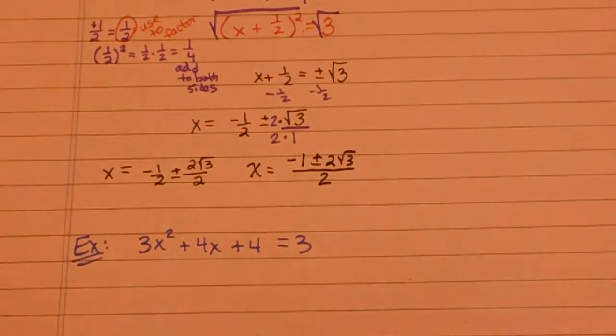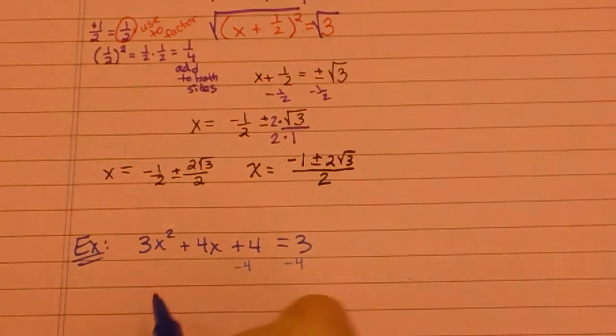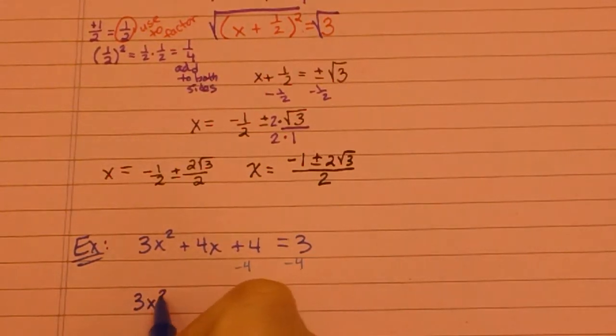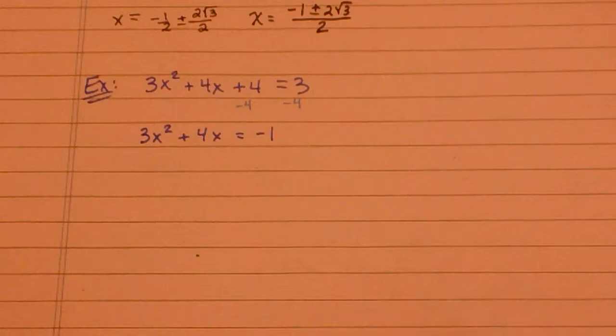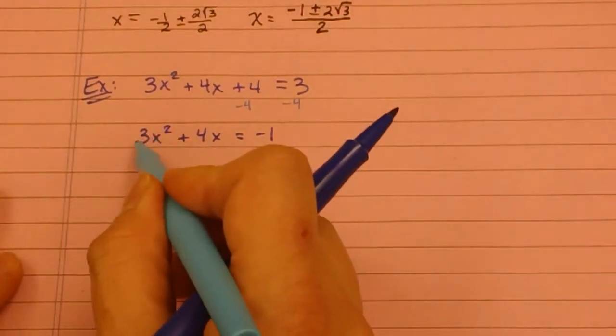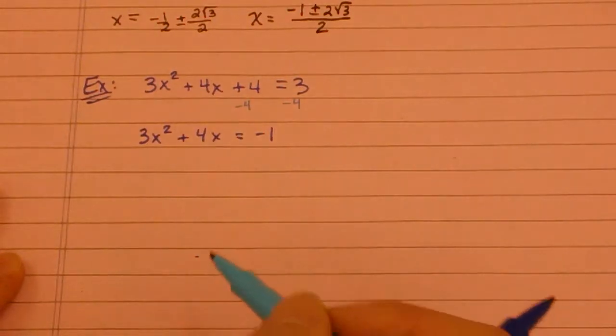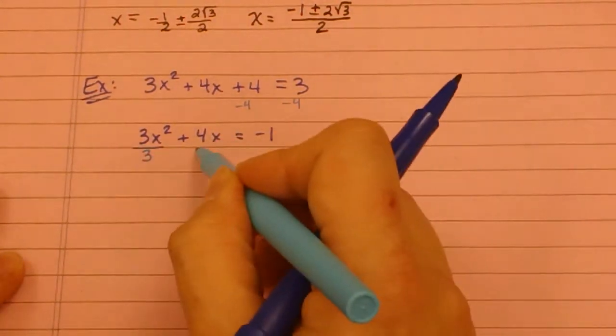So I will want to subtract 4 from both sides. And that's going to give me 3x squared plus 4x equals -1. Then I want to check to see if the coefficient in front of the x squared is a 1, which it is not. So I need to divide each term by 3.